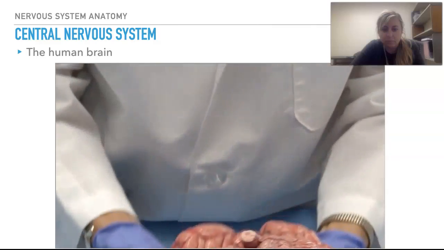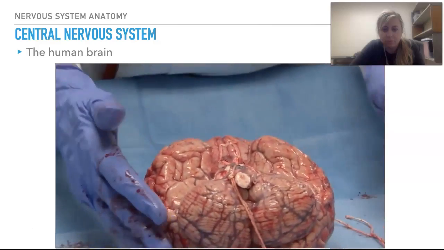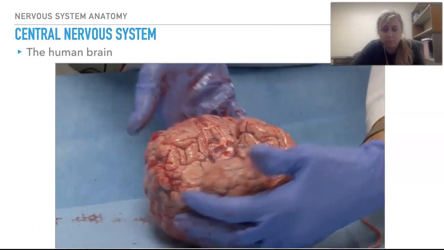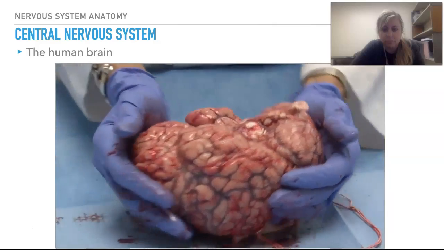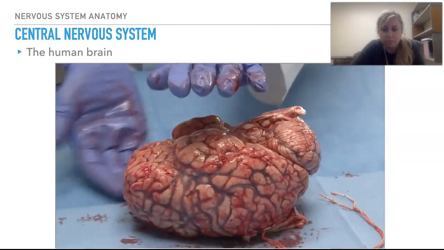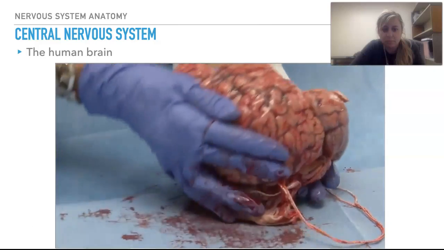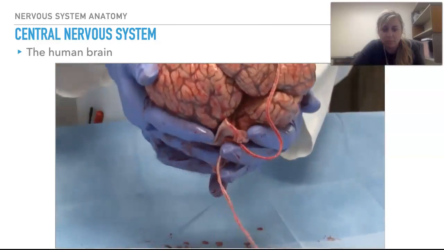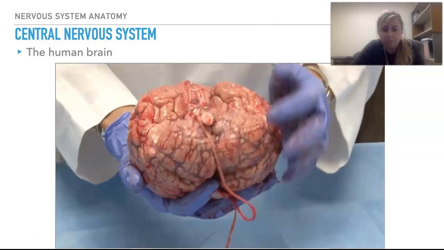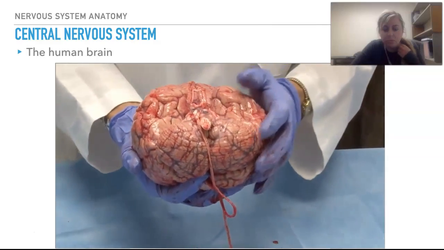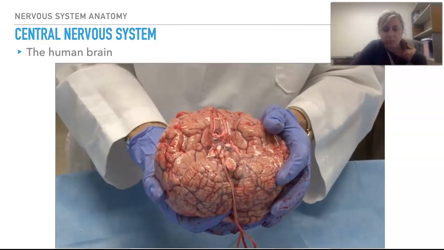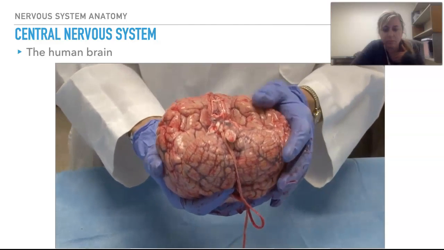If we didn't, it would sit on the bottom of the bucket and the brain would become deformed, as you would see here, so that it would be compressed in this direction just from the weight of the brain. So that points out one of the purposes of the cerebrospinal fluid, which is to float the brain inside the calvarium and act as a cushion.